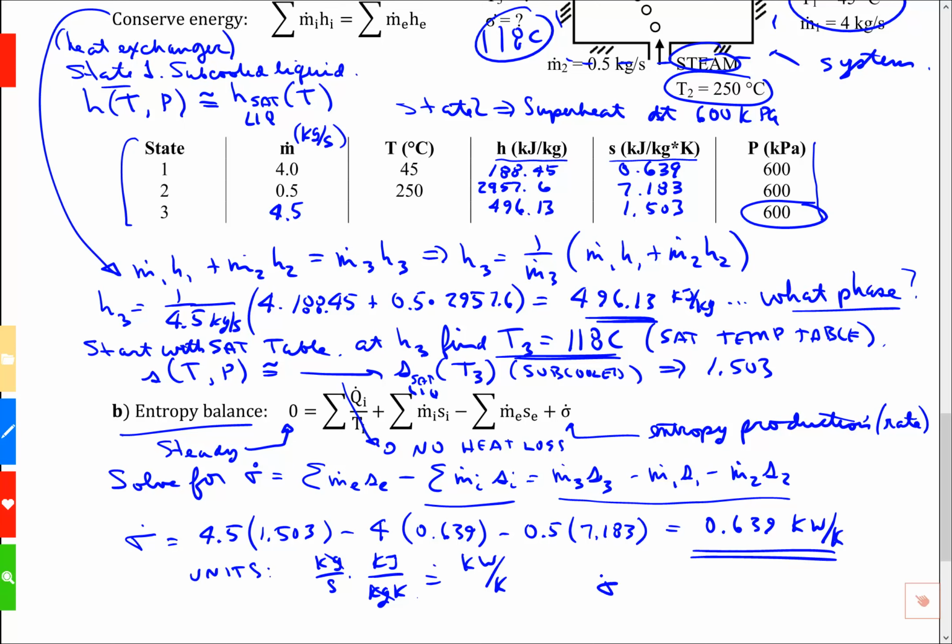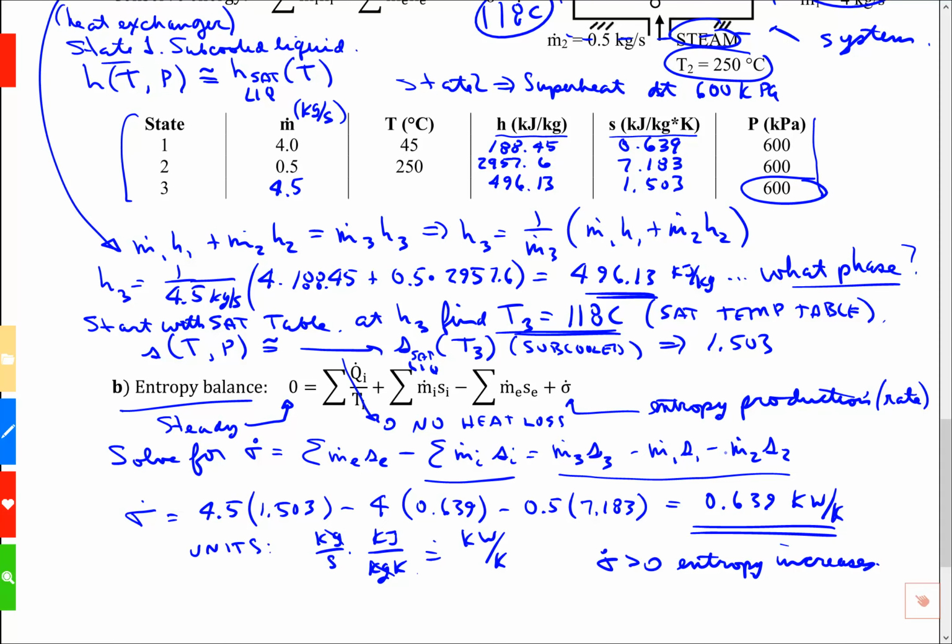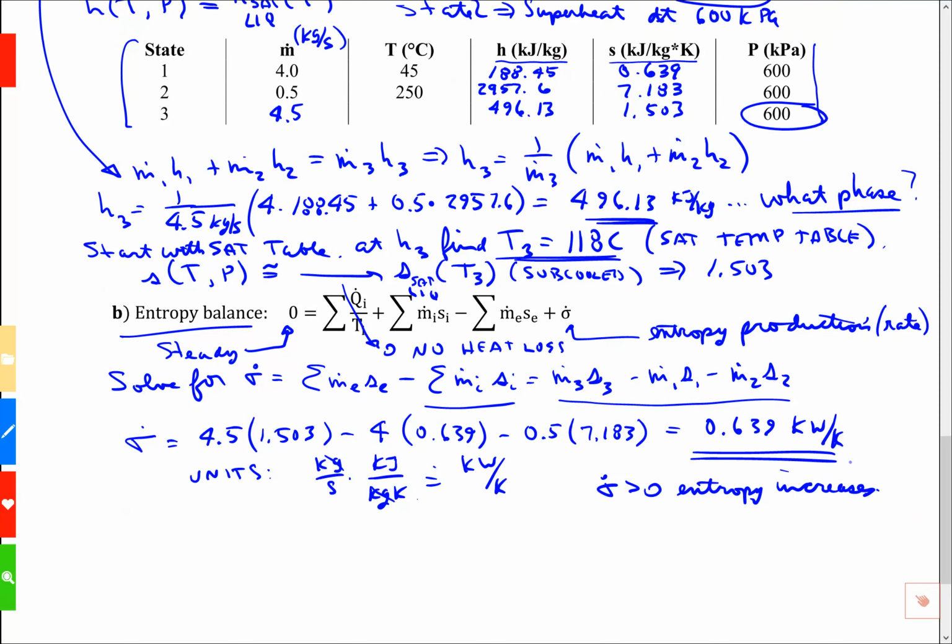So my conclusion here is that sigma dot is positive. That is to say, the entropy increases. And that's a statement that the mixing, because this is a kind of a heat exchanger where there's mixing, is non-reversible.